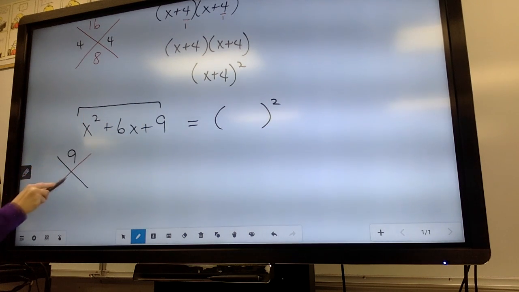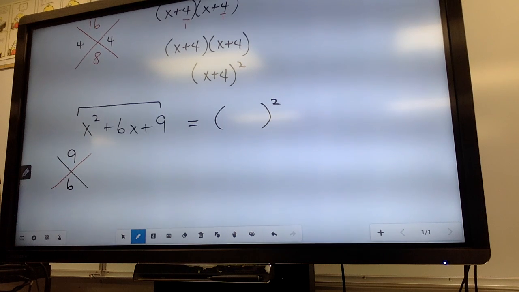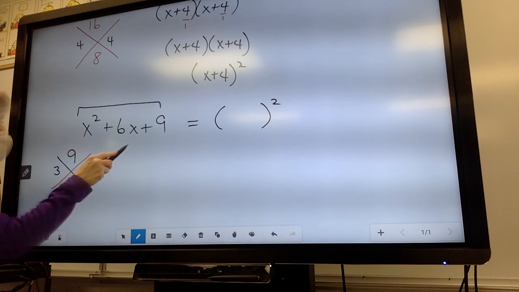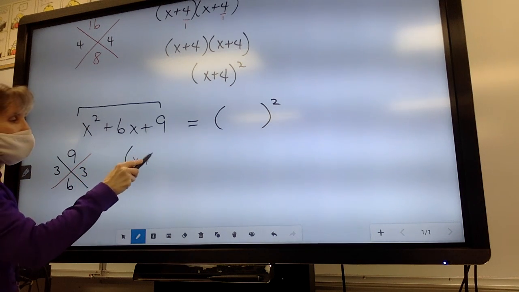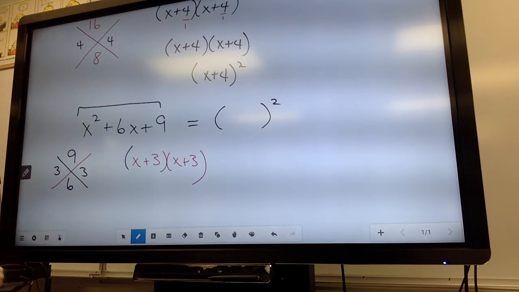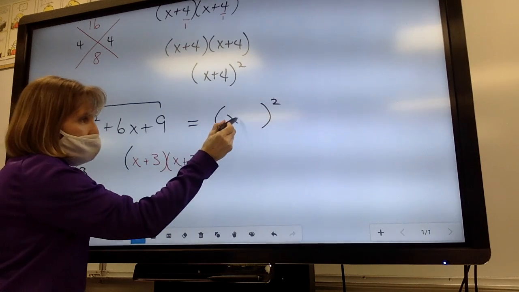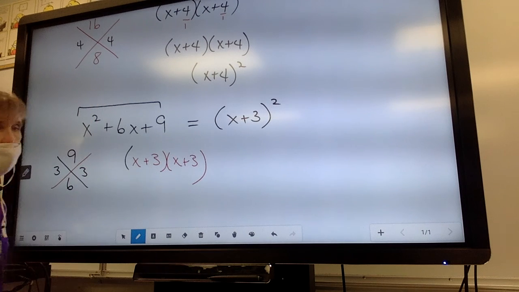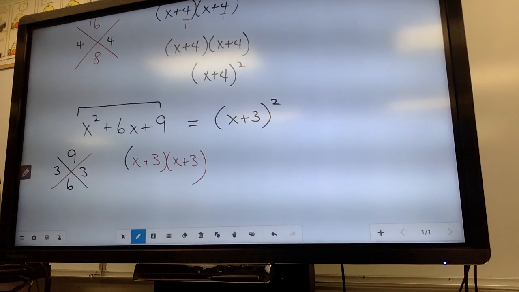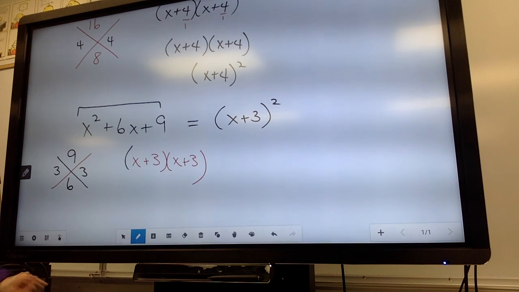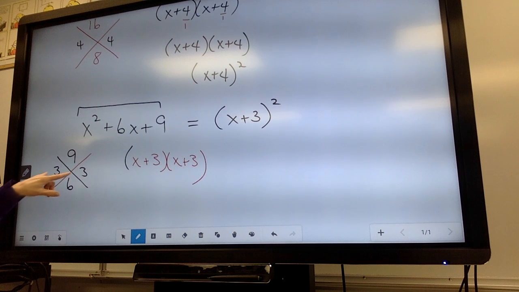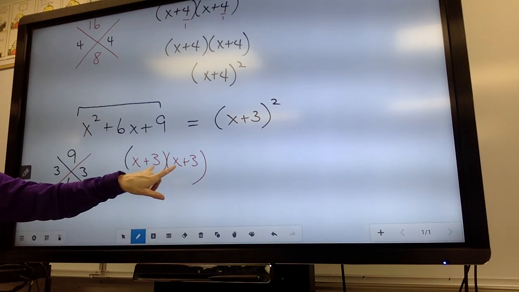We're looking for factors of 9 that are going to add up to 6. 3 and 3. And again, they are the same. It's going to be x plus 3 and x plus 3. Or I can write that as x plus 3 quantity squared. If you're using the X method, the only thing that's changed is we're now expecting these to be the same.